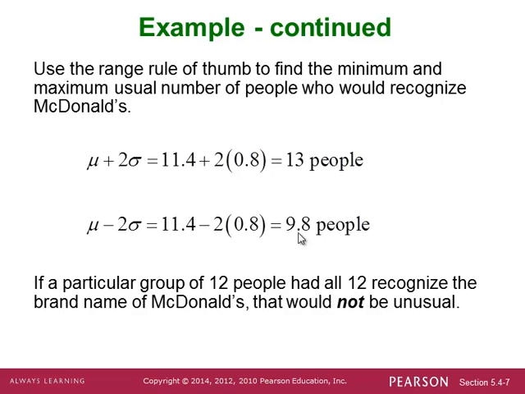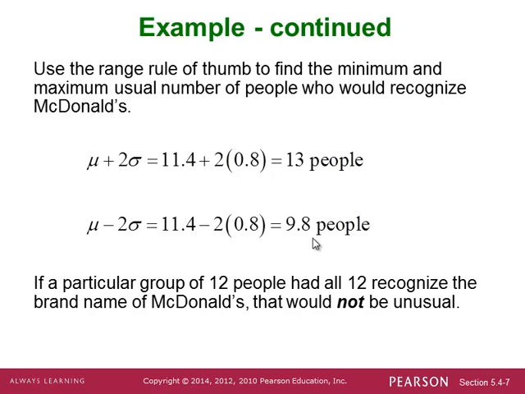So if we were to have an experiment in which we randomly select 12 people and ask each one of them if they know what McDonald's is, it would be unusual to have less than 9.8 people, meaning 9 or fewer people, or greater than 13 people, as in that number of people who recognize McDonald's. So greater than 13 or less than 9 would be an unusual observation.